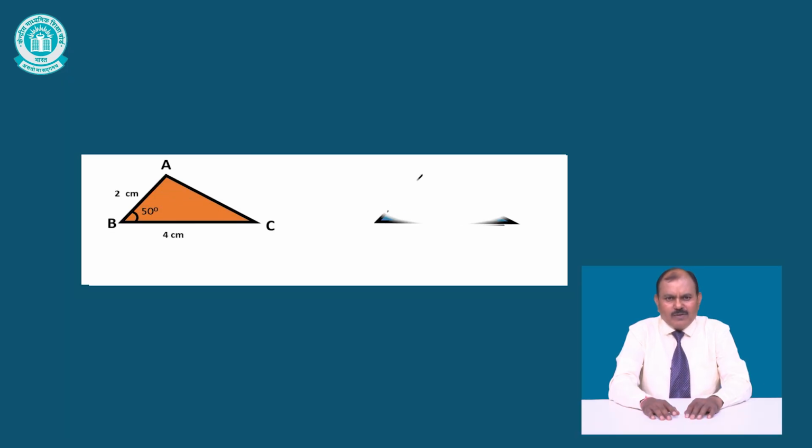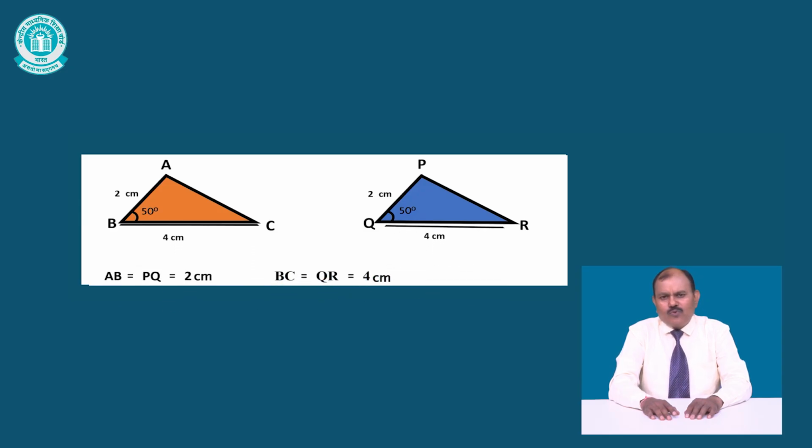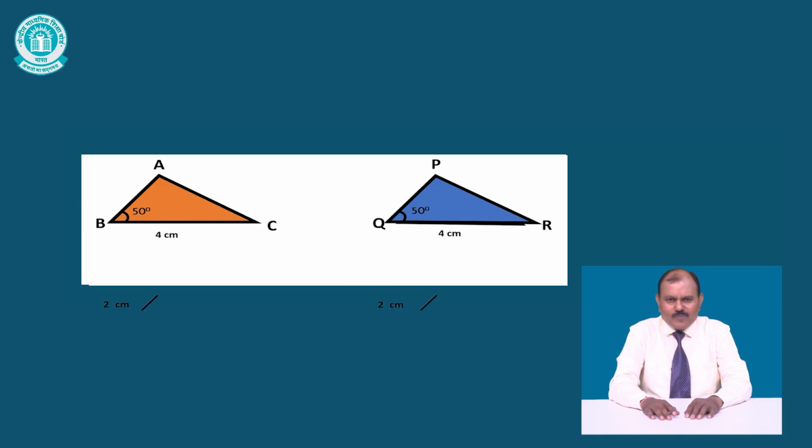What would happen if the other pair of sides of the equal angles are also equal? Let us take BC equals QR equals 4 centimeter, angle B equals angle Q equals 50 degrees, and also AB equals PQ equals 2 centimeter.